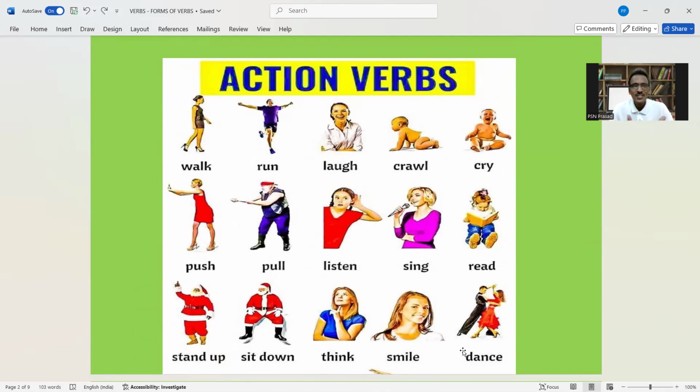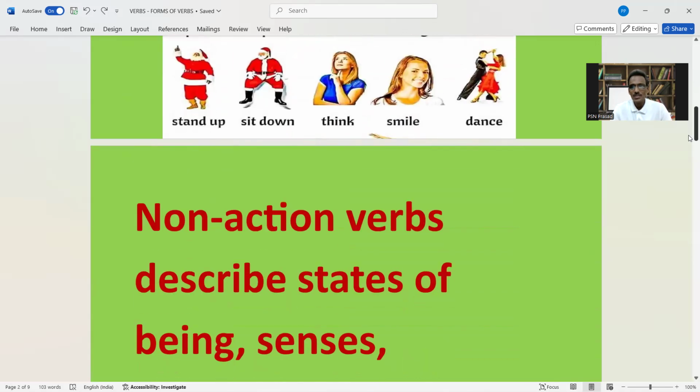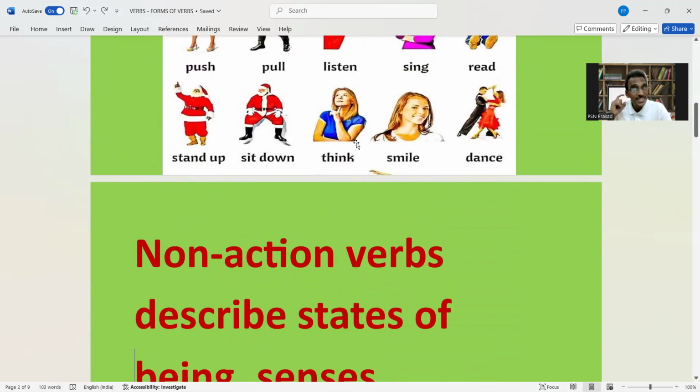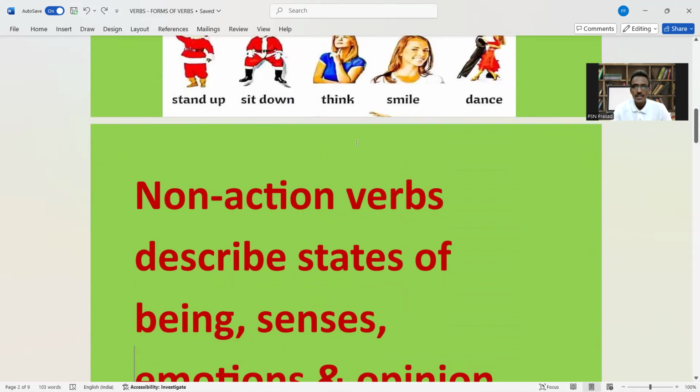So these actions are said to be the action verbs. The verbs are more specifically the action verbs. Now, there are also some non-action verbs. Can you guess? Here is one example. Think. Sometimes we think, right? So that is also a verb. But of course, it is a non-action verb.